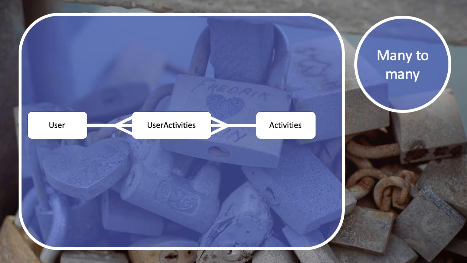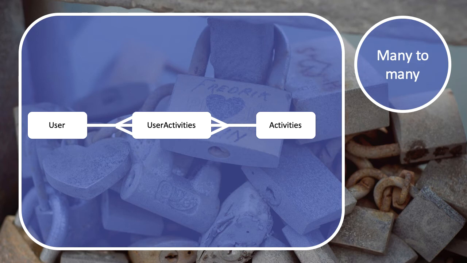Now, there's no direct support in Entity Framework Core for many-to-many relationships. What we need to do to achieve a many-to-many relationship is configure two separate one-to-many relationships. Our activities are going to be able to have many attendees, and these attendees are our users. Also, a user is going to be able to attend many activities.